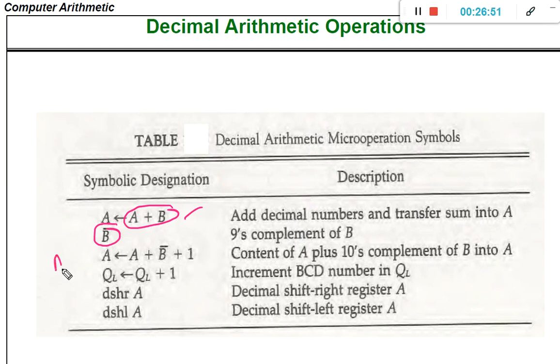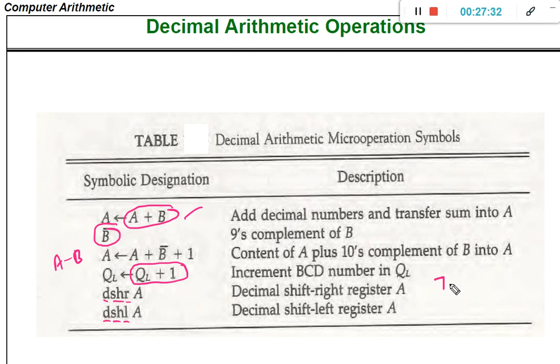We can perform a minus b subtraction by converting minus b as plus b complement plus 1, that is, the content of a added to the 10's complement of b, and we can increment the BCD number by adding 1. We can perform the decimal shift right operation and the decimal shift left operation. Decimal shift right and decimal shift left are the same as binary shift right and binary shift left.